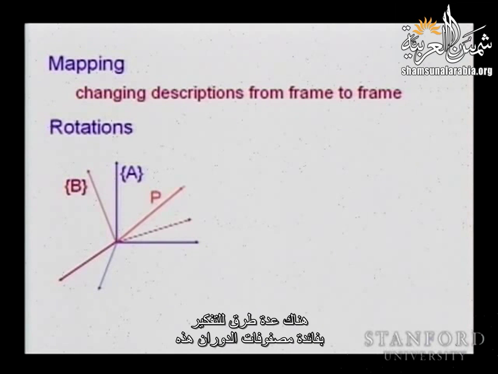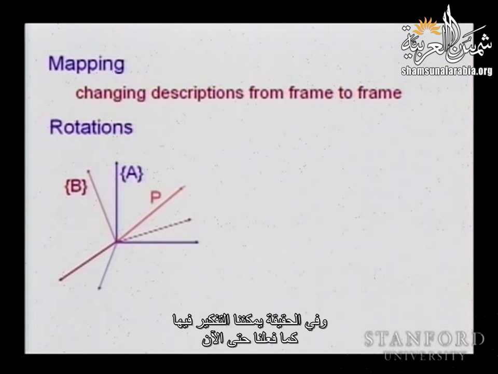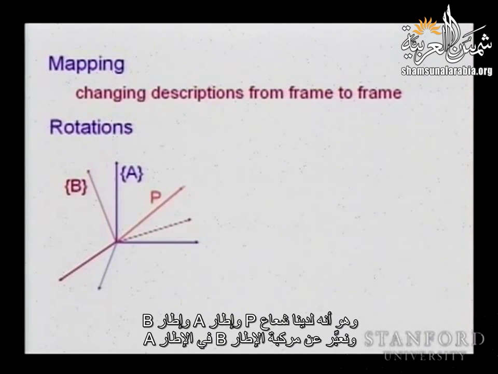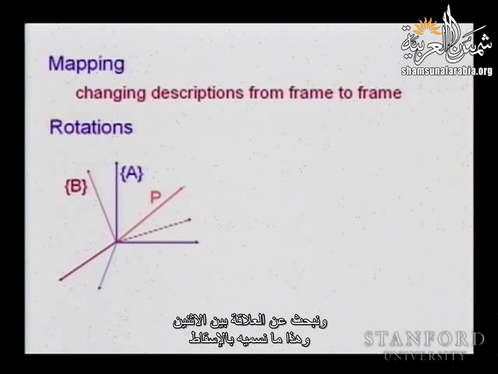So there are different ways of thinking about the use of those rotation matrices. In fact, we can think about it as we have done so far, which is to say we have a vector P, a frame A and a frame B, and essentially we are expressing the component of frame B in frame A, and we are looking at the relationship between the two.